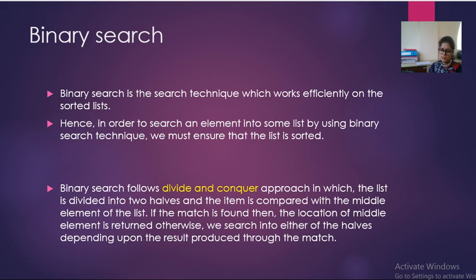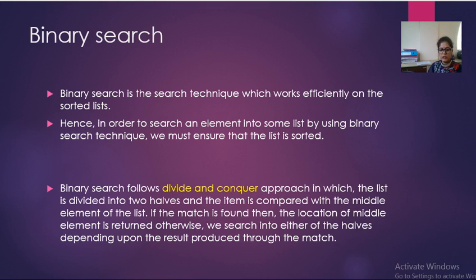This is the advantage of binary search, that we do not have to search the item in a sequential way. Binary search is based on the mechanism that first of all we divide the list into two halves, that is the left half and the right half.